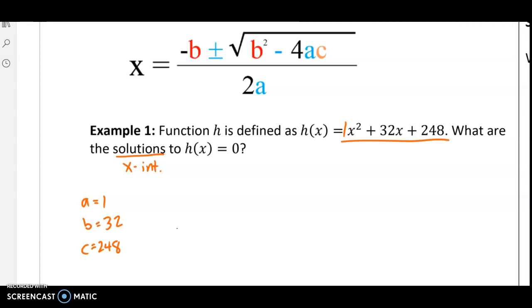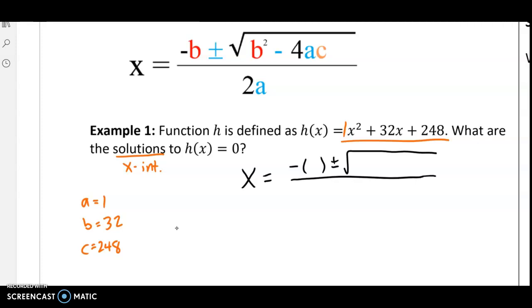Now your next step is you would want to write the formula that you see there at the top, but everywhere there's an A, a B, or a C, you put parentheses. So x equals, I'm going to draw my fraction line. In the numerator, we have a negative b, but instead of b, I put parentheses. Plus or minus, then I put the square root.